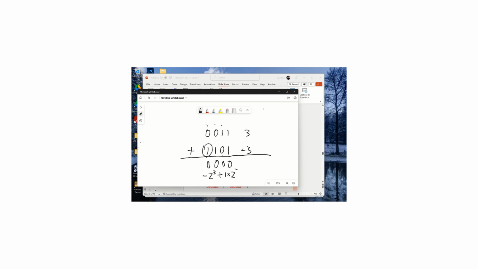So negative 2 to the power of 3 would be negative 8. Negative 8 plus 4 plus 1. Now you have negative 3. So that's another way to look at 2's complements. Okay?